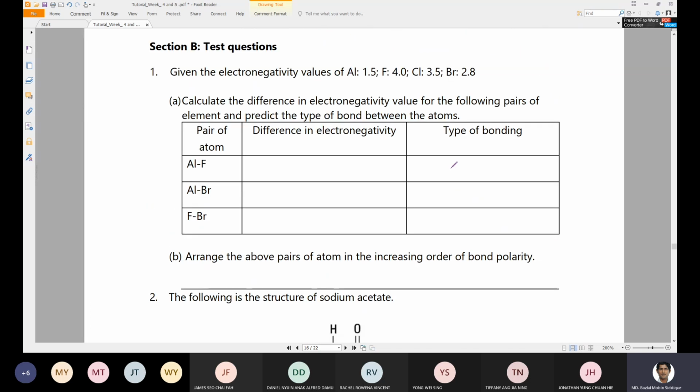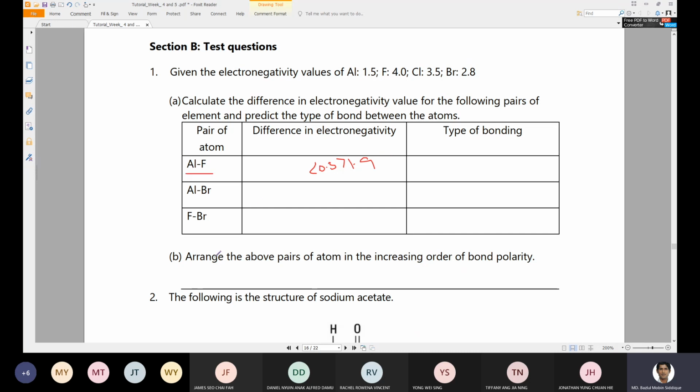So the test question says the difference in electronegativity and type. We have to refer to the periodic table, the electronegativity chart. If the electronegativity difference is less than 0.5, it is a nonpolar bond, or if it is more than 1.9, then it will be an ionic bond.